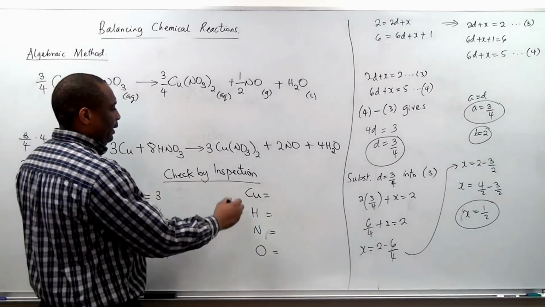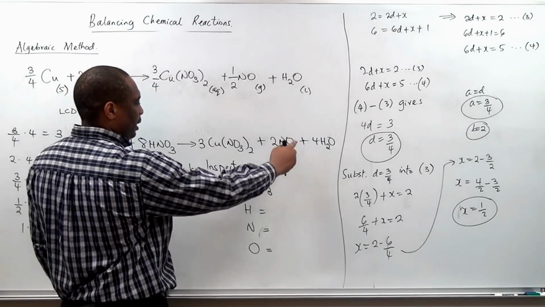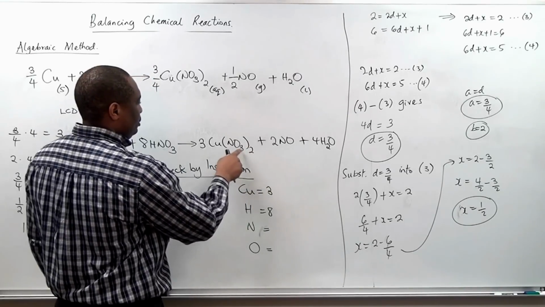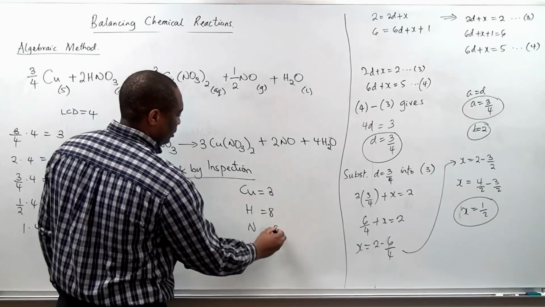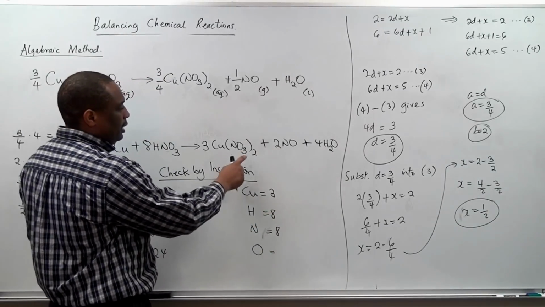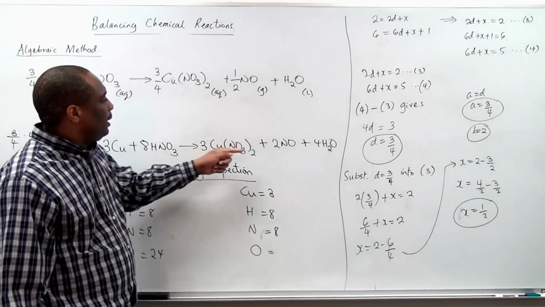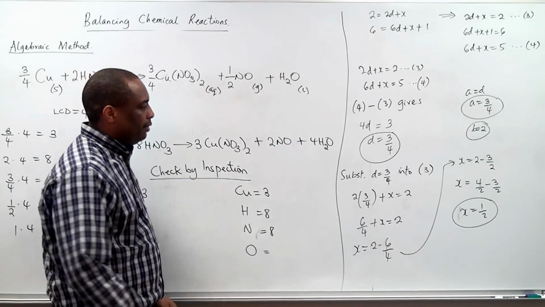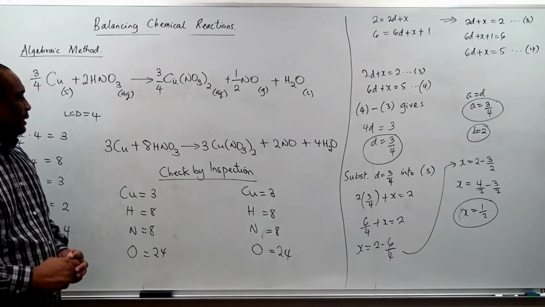Here copper is 3, hydrogen is 8, nitrogen is 2 times 3, 6, plus 2, 8. And then oxygen, 3 times 2 is 6, 6 times 3 is 18. 18 plus 2 here is 20, plus 4 here is 24. So, and that's it.